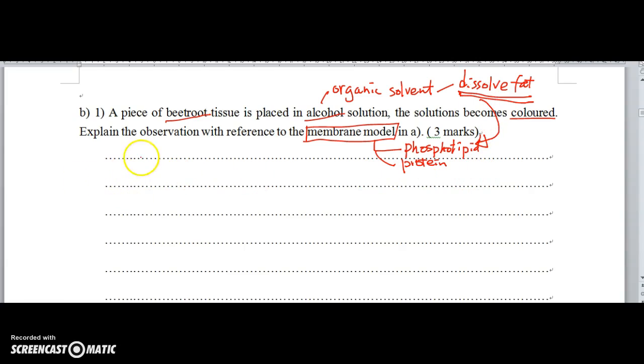So in your answer, there must be parts that address the question. Number one, the alcohol dissolves the phospholipid.